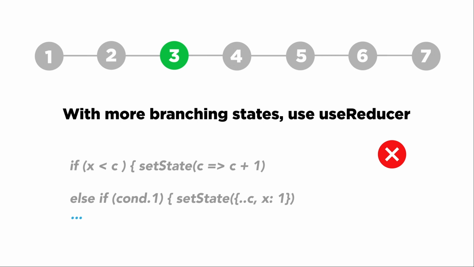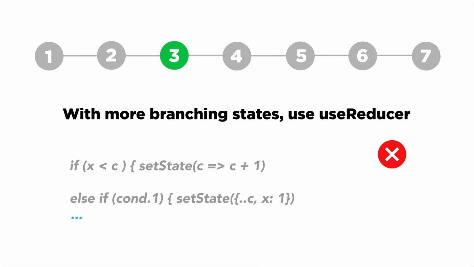Else if condition 1 or condition 2. So as you can see, we have to call setState multiple times. By branching states, I mean that we can only update states with some conditional value. So if you are dealing with this sort of scenario, it's just better to use useReducer.